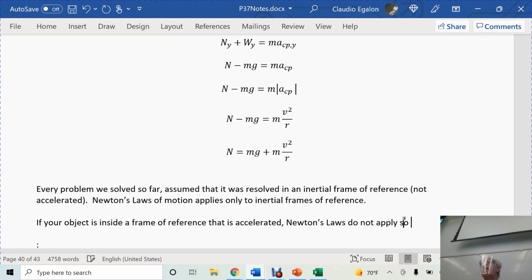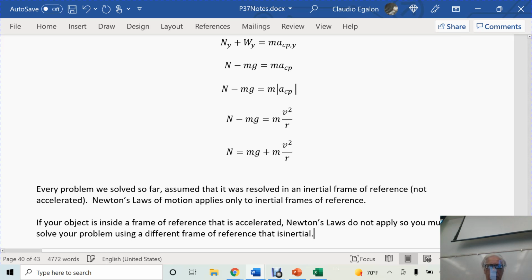So you must solve your problem using a different frame of reference that is not accelerated, that is inertial.